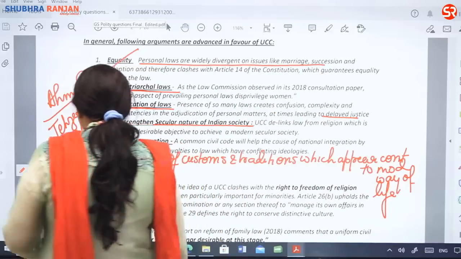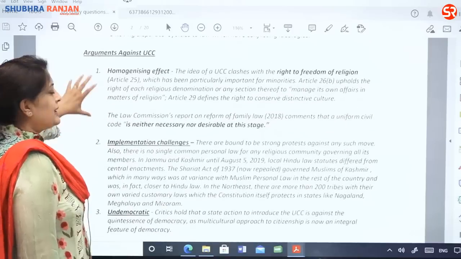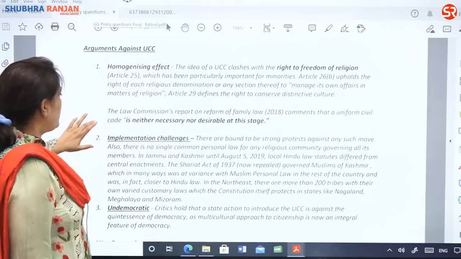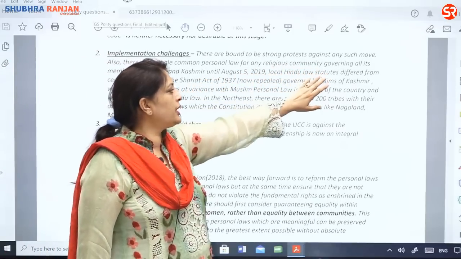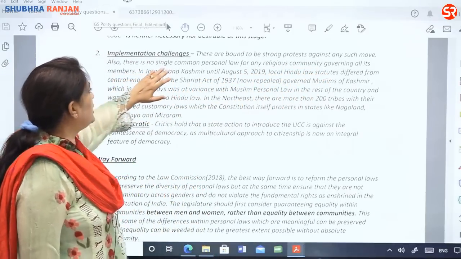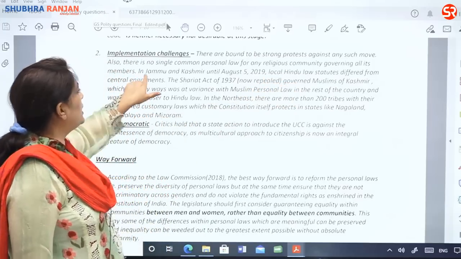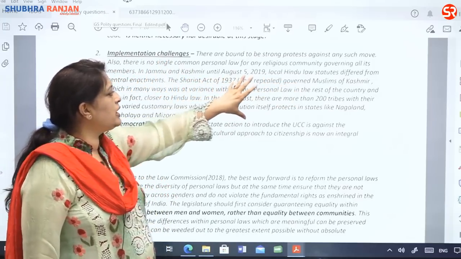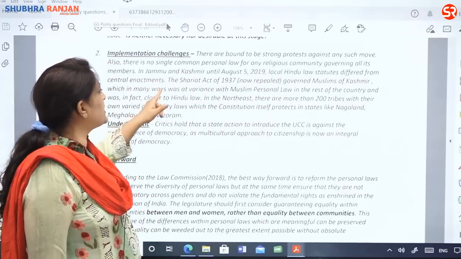Now, arguments against Uniform Civil Code: homogenizing effect, implementation challenges. There are bound to be strong protests against any such move. There is no single common personal law for any religious community. Even in Jammu and Kashmir, Hindu laws differ from the central enactment.